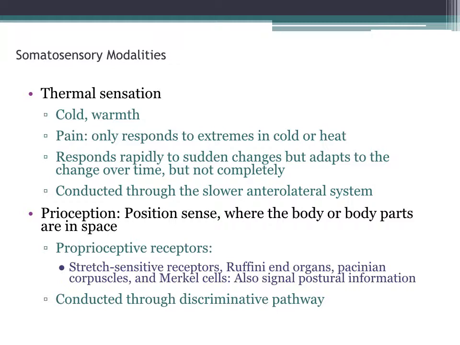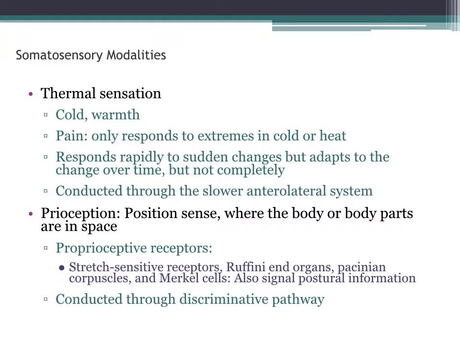Proprioception is your position sense, or where your body or your body parts are in space, like what we talked about just a little bit ago. With the proprioceptive receptors, we have stretch sensitive receptors, so they definitely are sensing when the tissues are stretched.